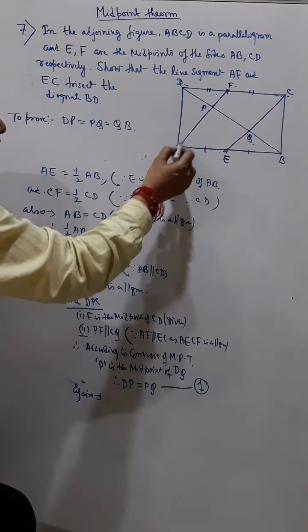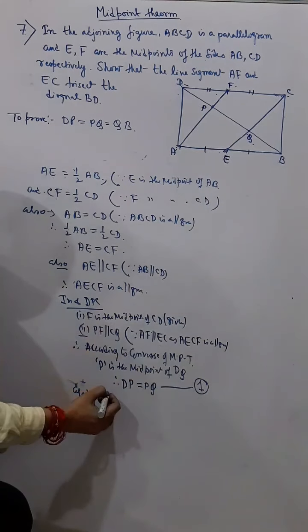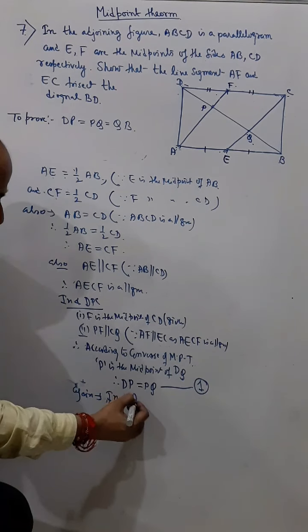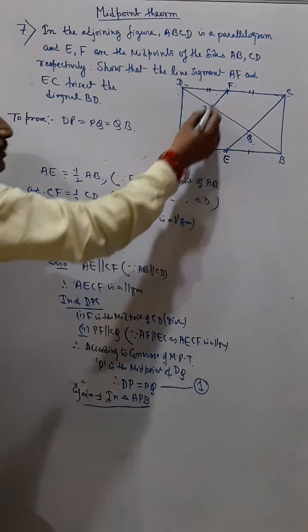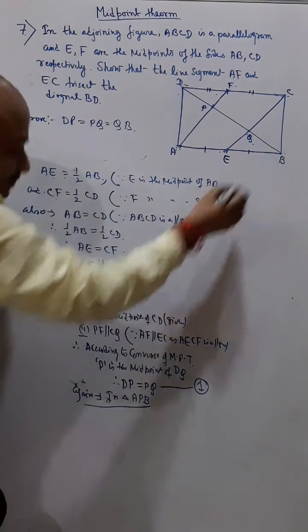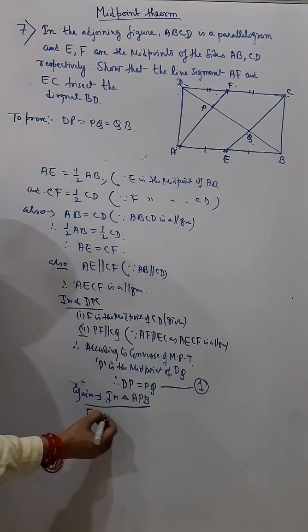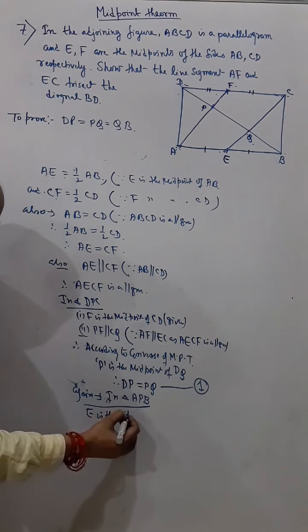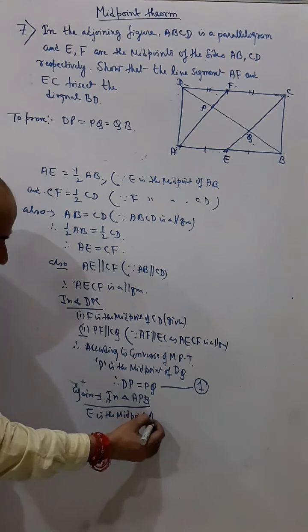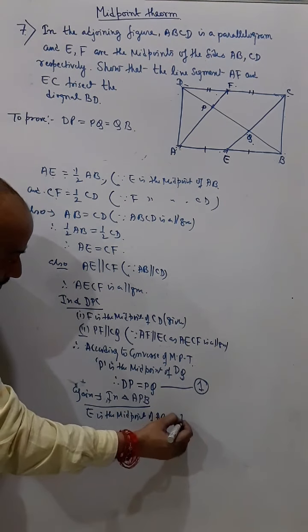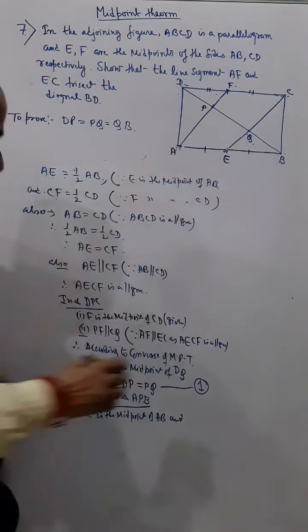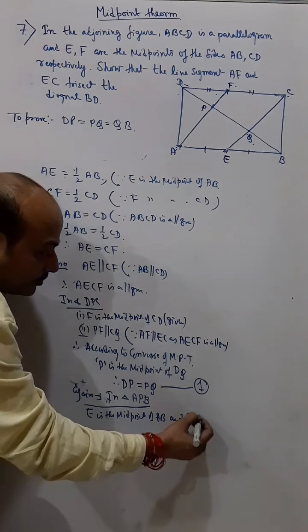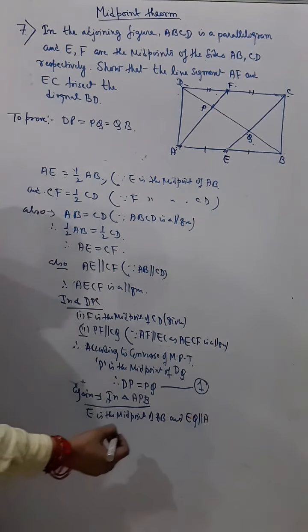similarly, if I take triangle APB, so in triangle APB, I can say E is the midpoint of AB, and EQ is parallel to AP.